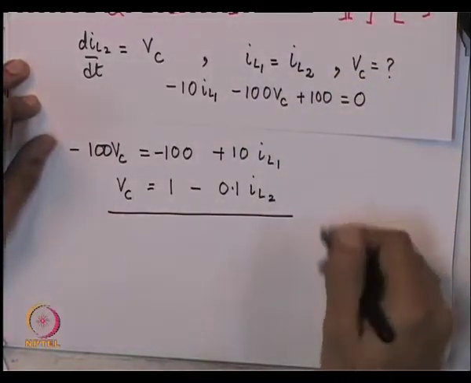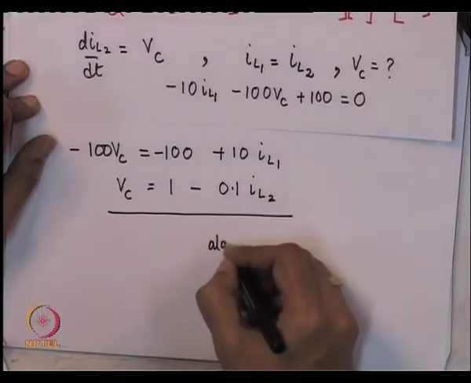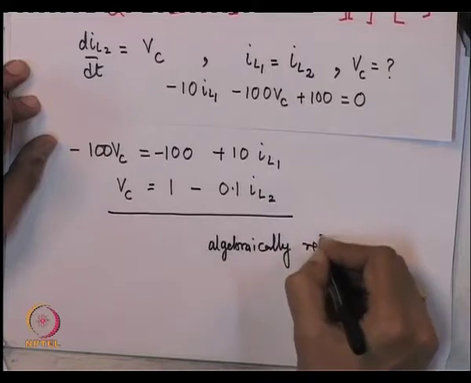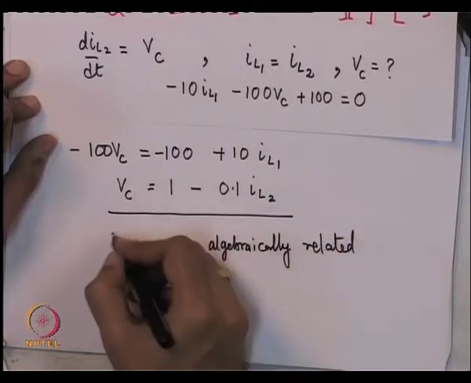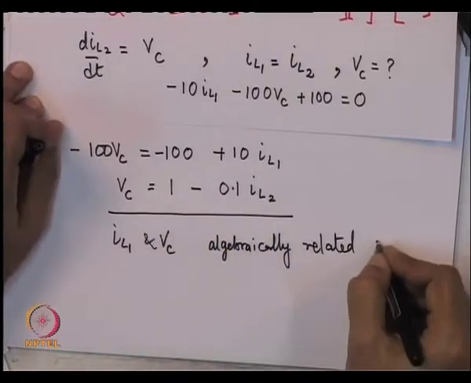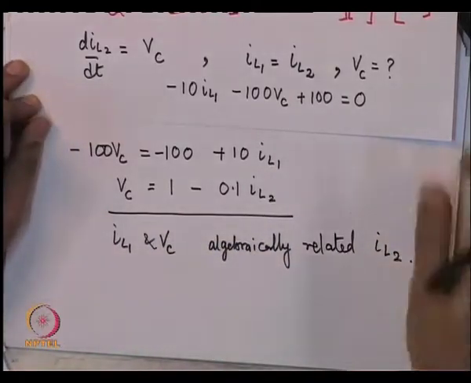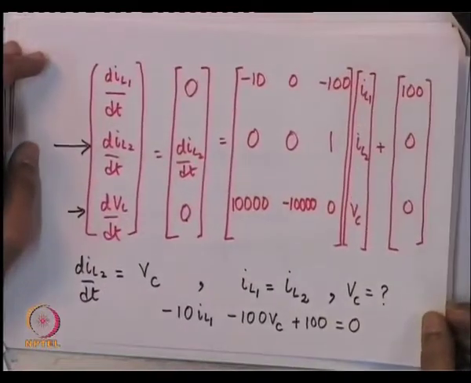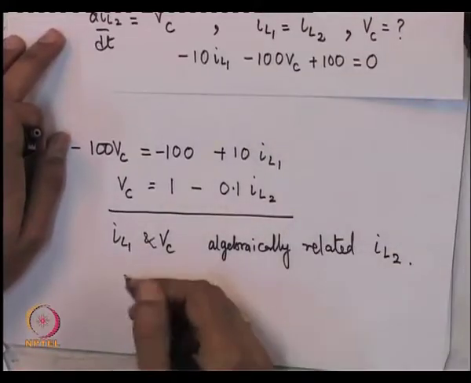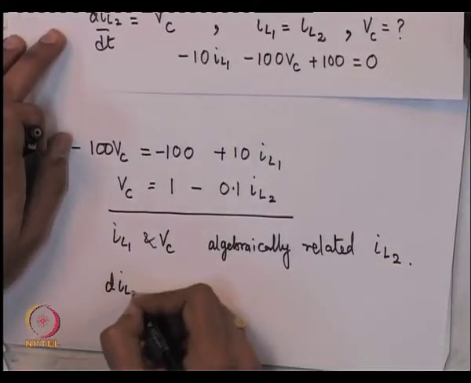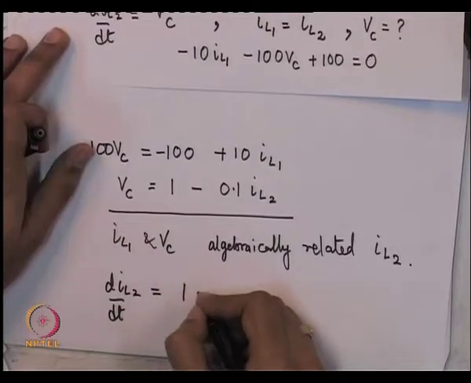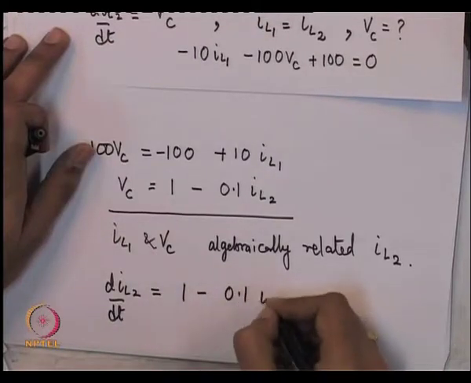So, it is algebraically IL1 and Vc are algebraically related to IL2. So, what we have is basically a state space equation, d IL2 by dt is equal to Vc, which is nothing but 1 minus 0.1 IL2.